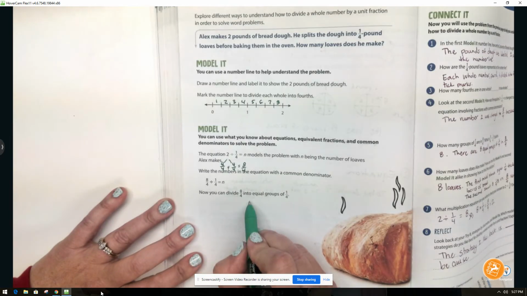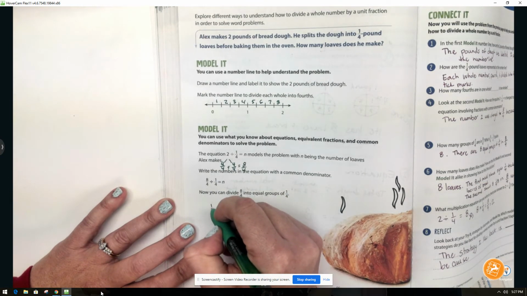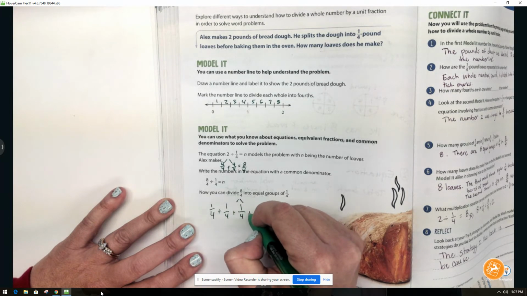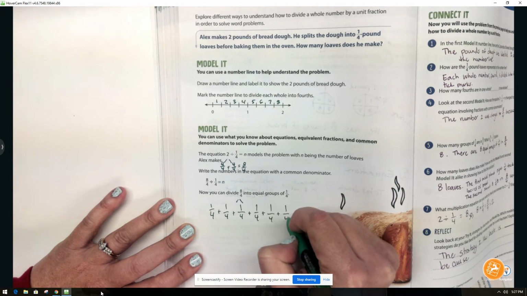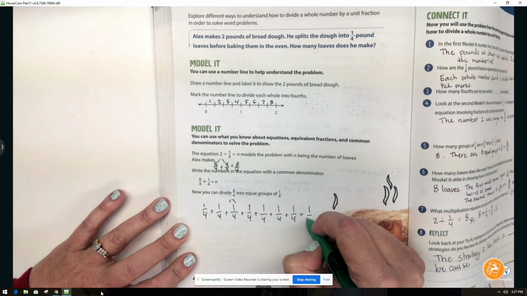So if we had 8 fourths, we could break that up into 1/4 plus 1/4 plus 1/4 plus 1/4 plus 1/4 plus 1/4 plus 1/4 plus 1/4.